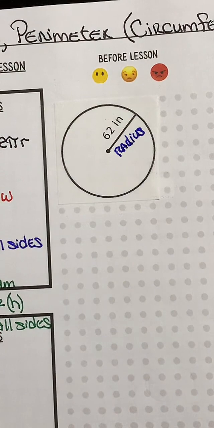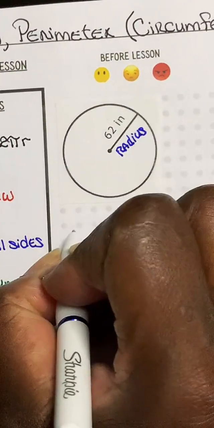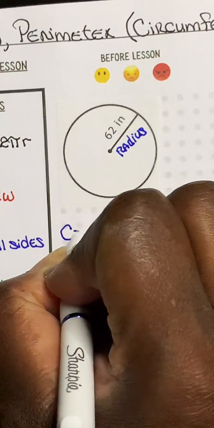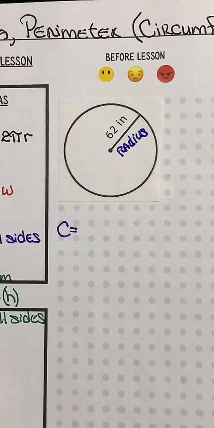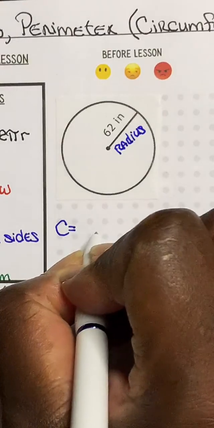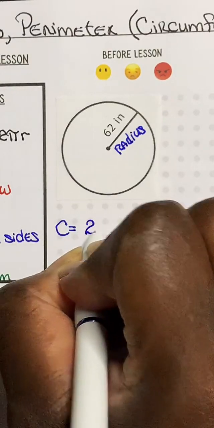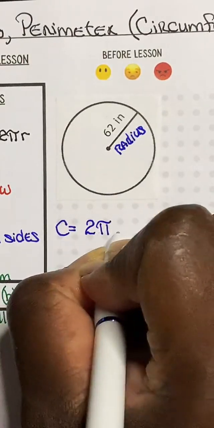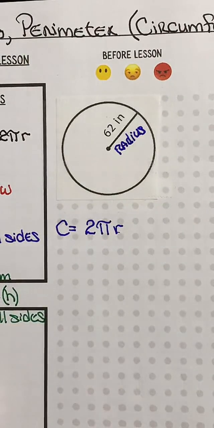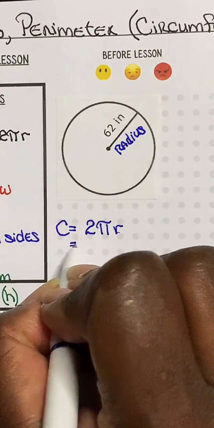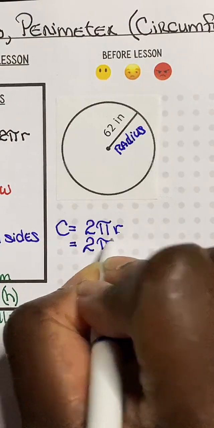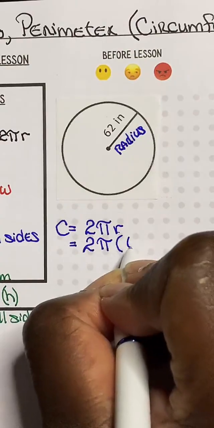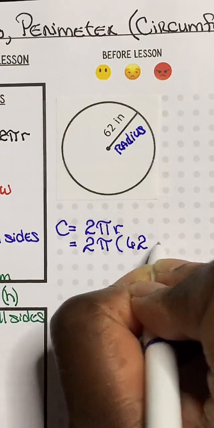Now, if I'm looking for the circumference, since they're giving me my radius, I'm going to use the formula 2 pi r. I'm going to replace the r with this measurement, which is 62 inches.